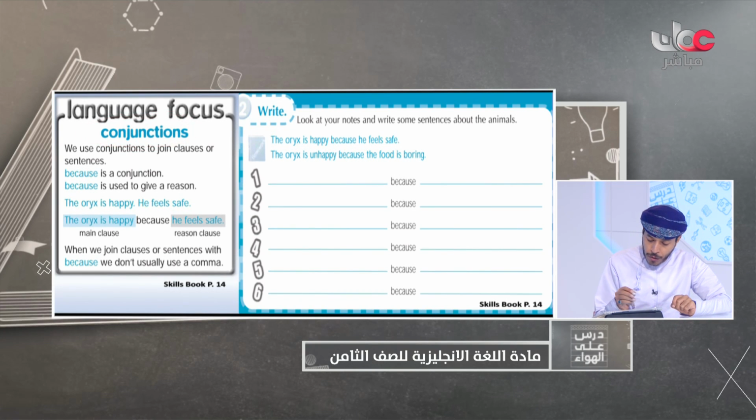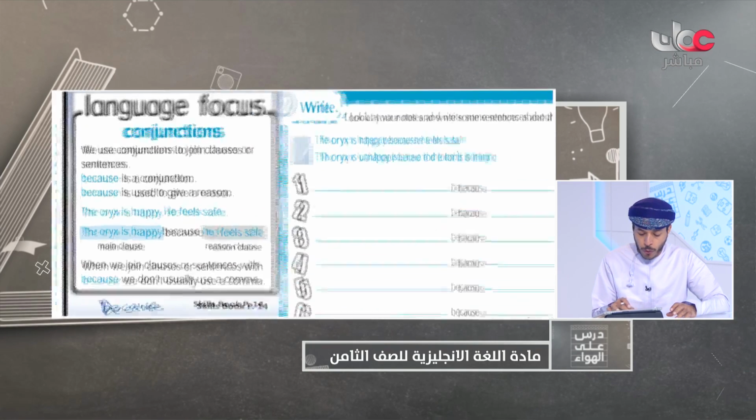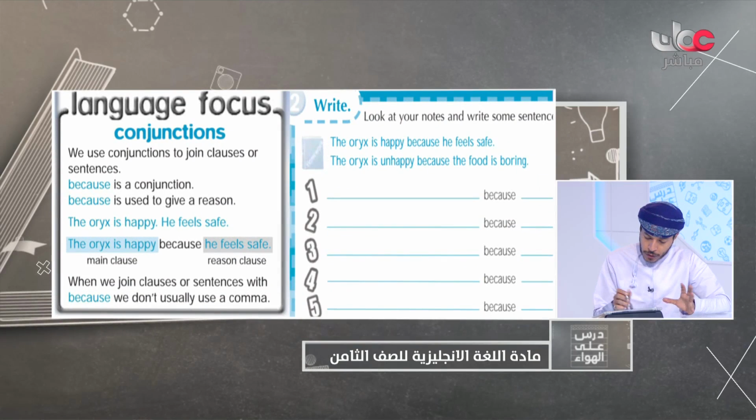What are they? They are because and but. But here it talks only about because, so we will keep with because. Because is used to give a reason to something. Let's go through the language focus here, and we have the conjunctions. We use conjunctions to join clauses or sentences, as we discussed before.